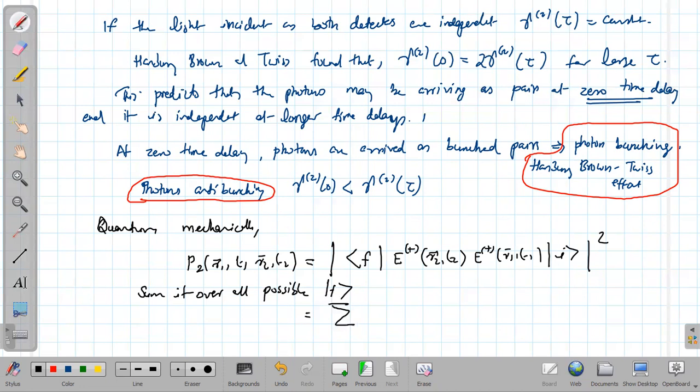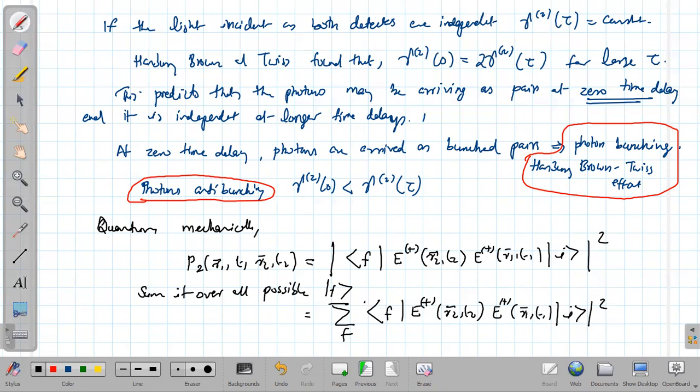So this becomes the sum over f of the mod square of ⟨f| E+(R2 T2) E+(R1 T1) |i⟩. Okay, now we can get two terms.